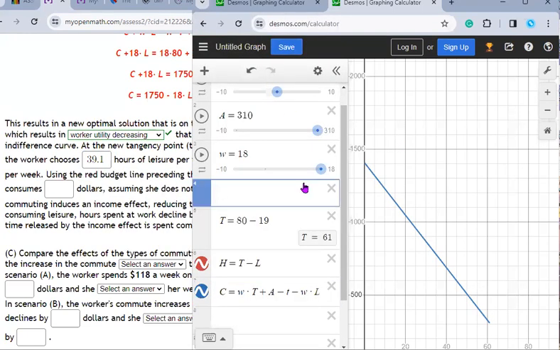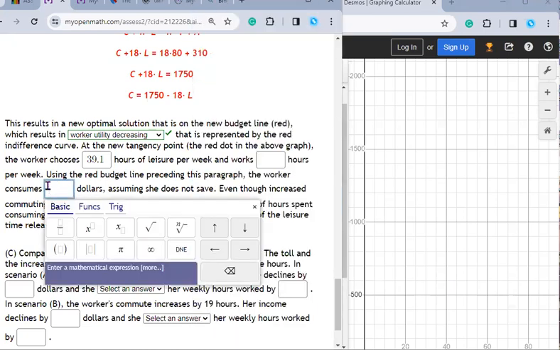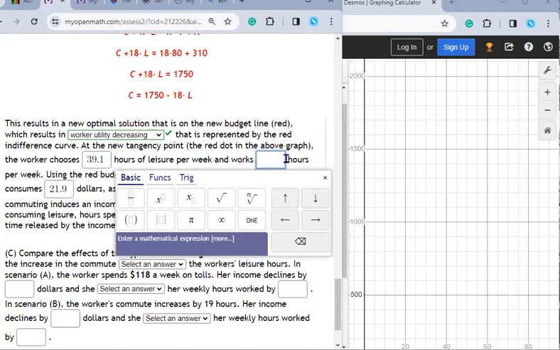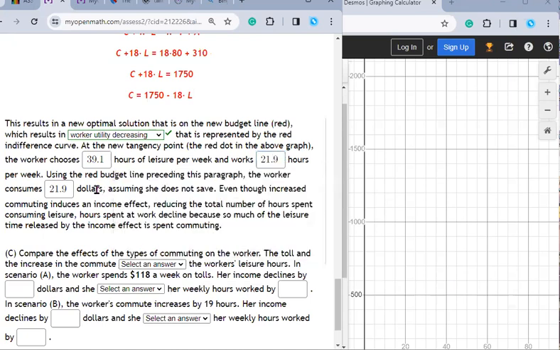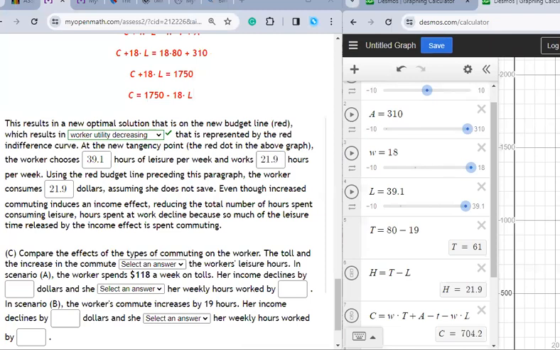So let's go back over here. So her leisure now, with a 19-hour commute added to her work week, her leisure is 39.1. The hours she works each week is only 21.9. Her consumption with the 19 hours added to her commute, right?